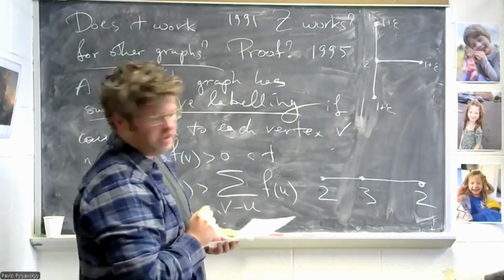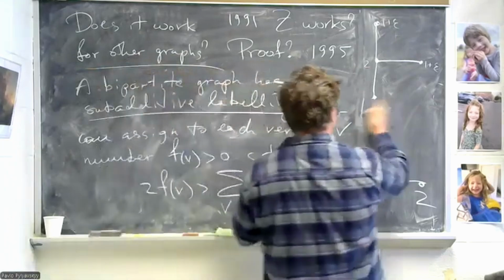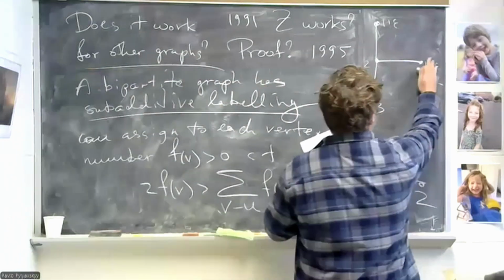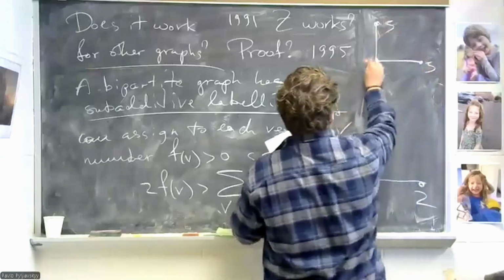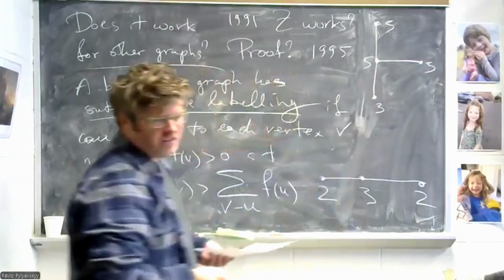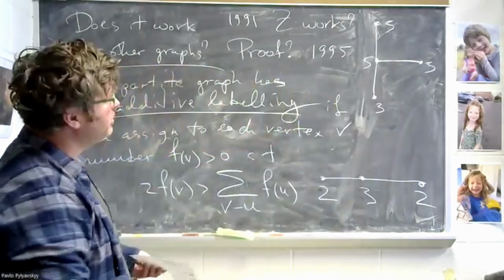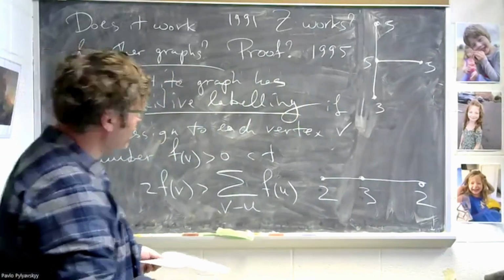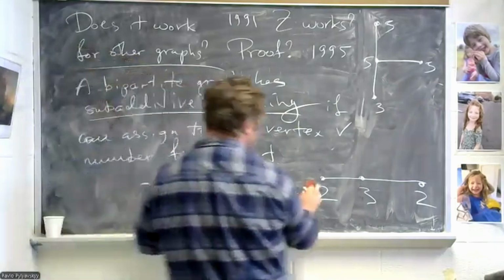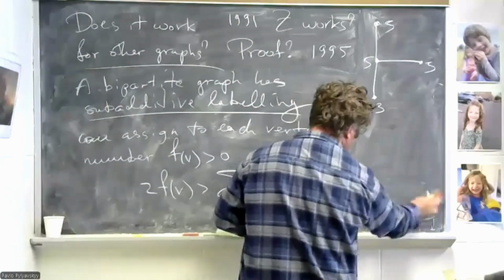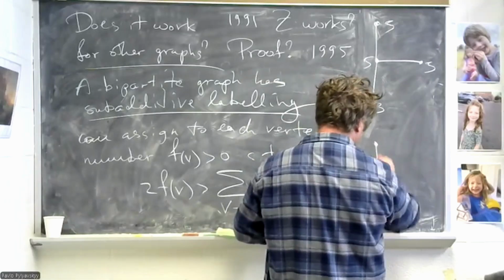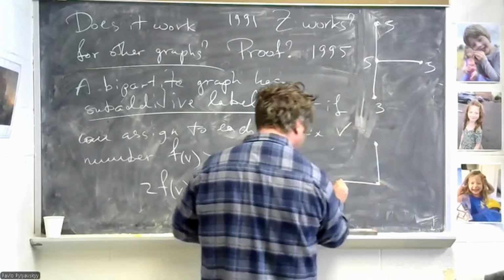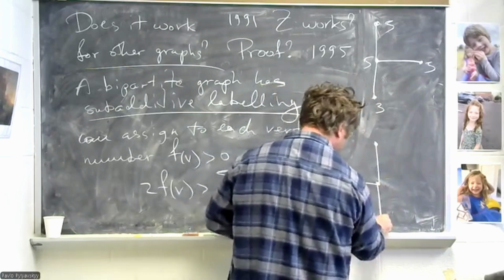That works. We can also just do something like this. My example is just 3, 3, 3, 5. That also works. But now here's my claim. Is it true that it exists only for trees? No. For example, I claim that this doesn't exist for this graph.